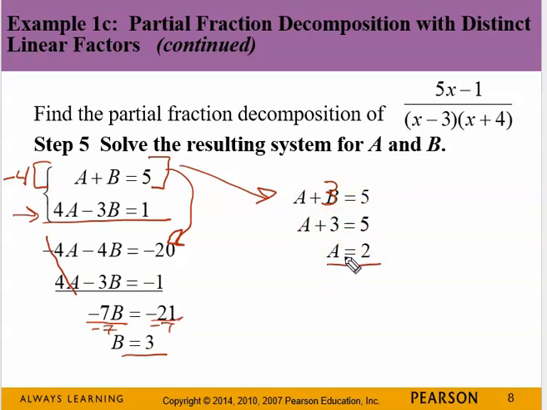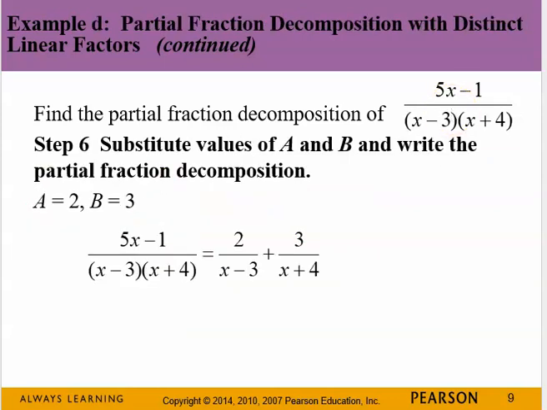Okay, so how do we then write our final answer? Recalling what we did earlier when we said this portion was a and this portion was b, we now have a value for a, and we have a value for b. We're going to rewrite this, and remember this was the a, and this was the b.